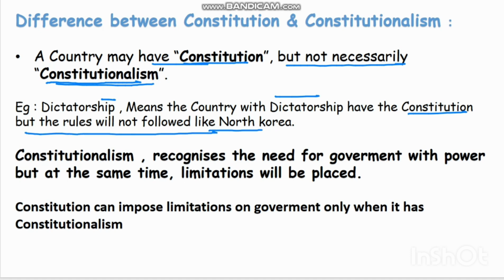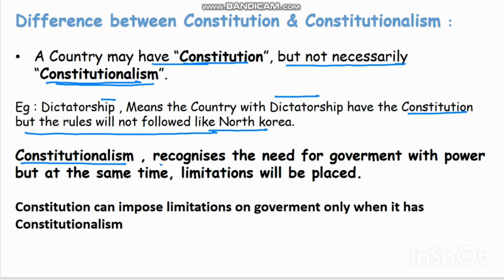Example: North Korea. If an executive or a prime minister has some powers, it does not mean they can do whatever they want. In countries with constitutionalism, there are some limitations, which we will be discussing.